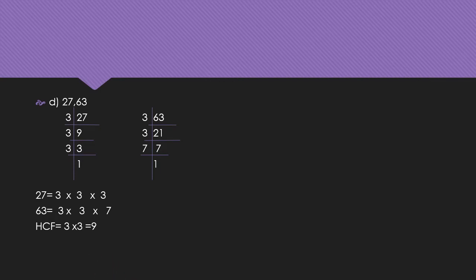Now circle the common factors of 27 and 63. Now multiply these common factors. So HCF is equal to 3 multiplied by 3, that is equal to 9.